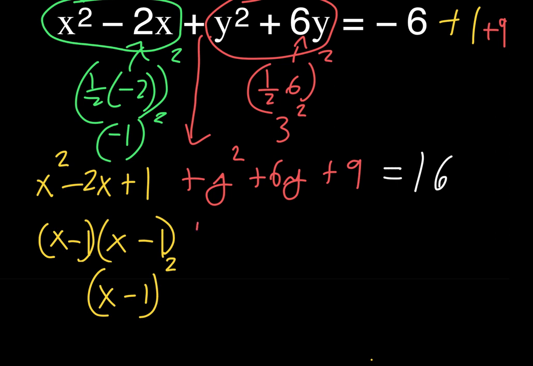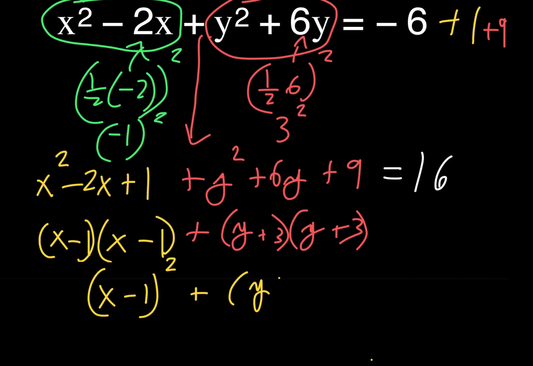I'm going to do the same thing with my y's. Can I factor that? Two numbers that multiply to 9 and add to 6. So this will be plus y plus 3 squared equals 16.